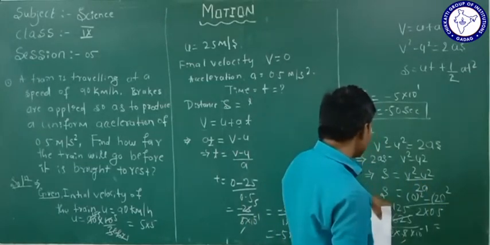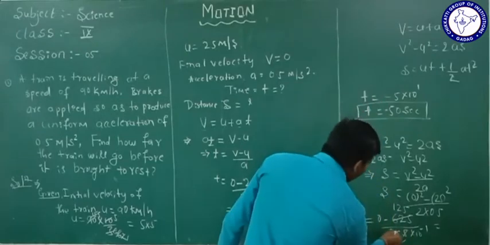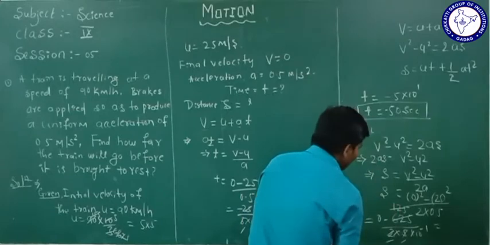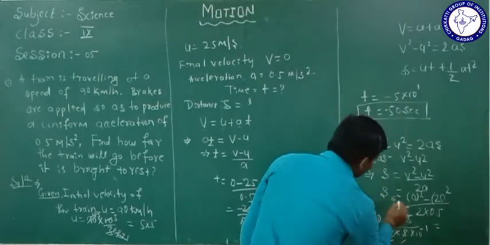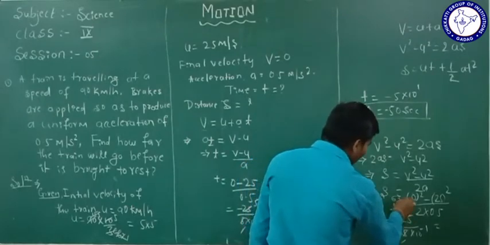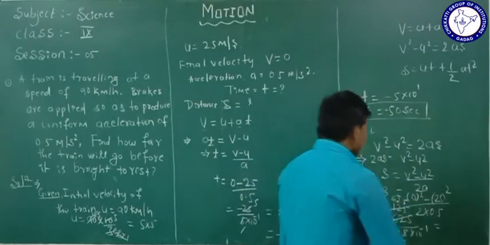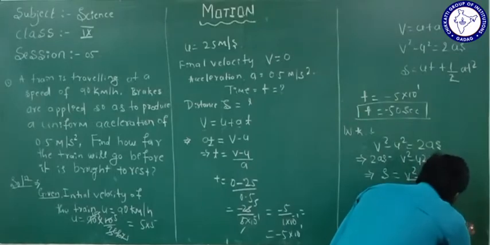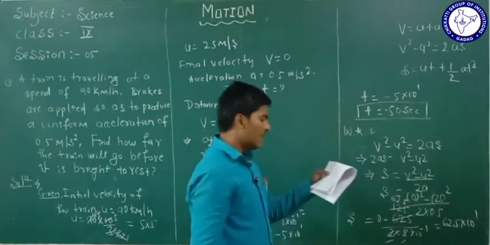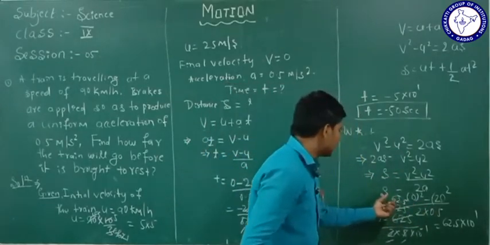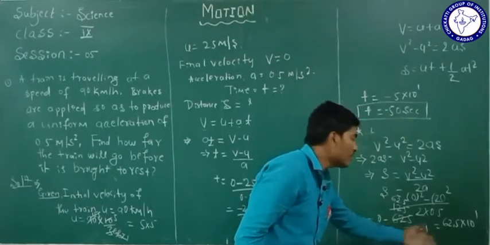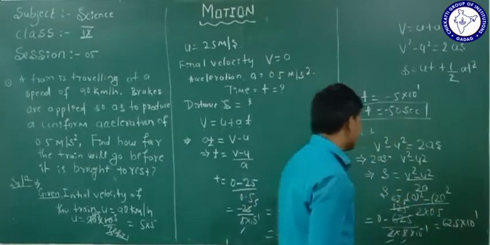Dividing, 5 twos are 10, 5 ones are 5, and again this 2 comes in the divisor. 625 divided by 10, that is 62.5, and that is equal to 62.5 into 10 raised to 1, because 10 raised to minus 1 in the denominator, we take it as a numerator, as 10 raised to plus 1.